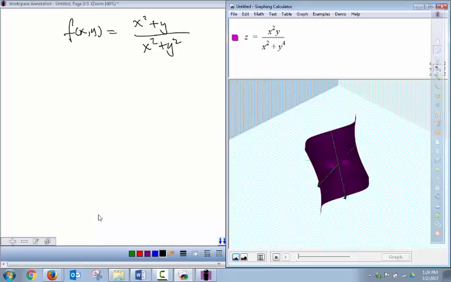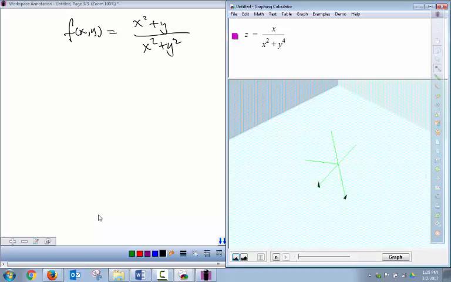What? X minus y to the third over x squared plus y squared. X minus y to the third. Would that be nasty?